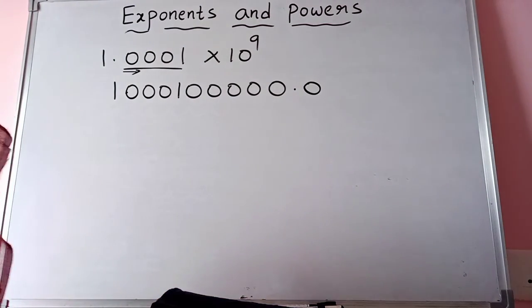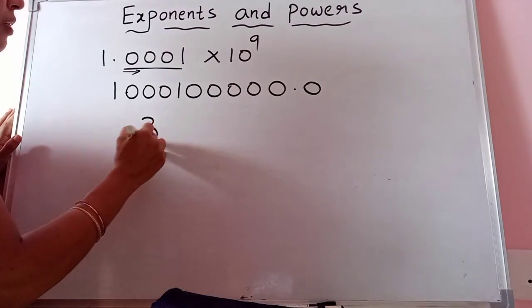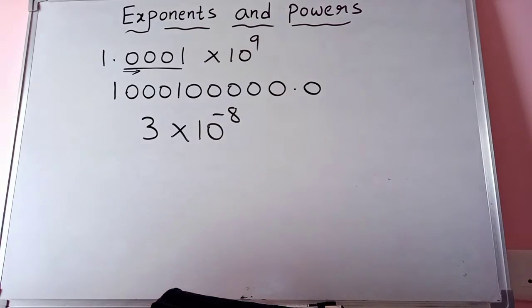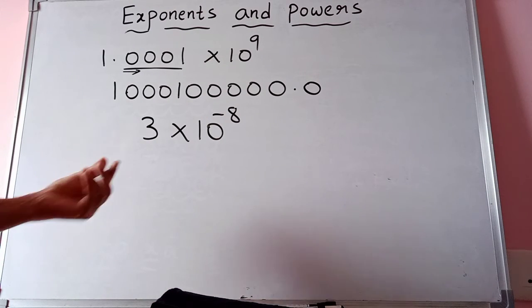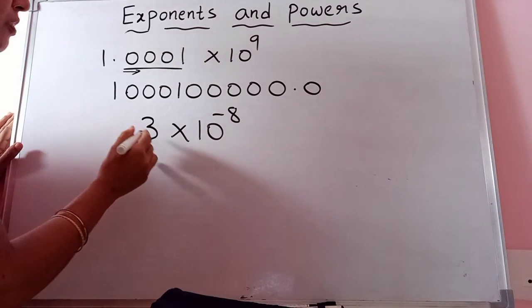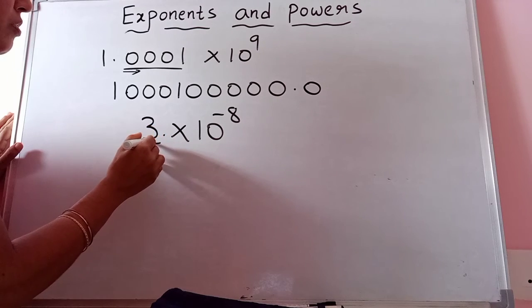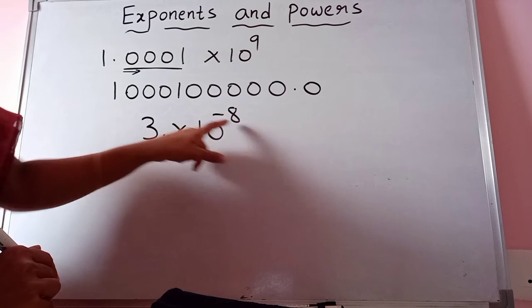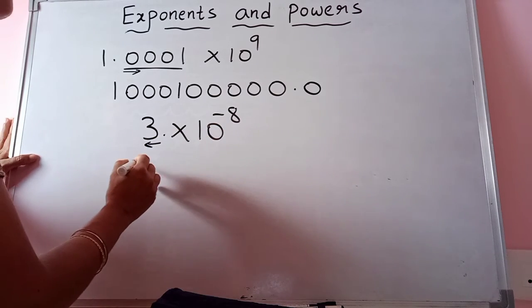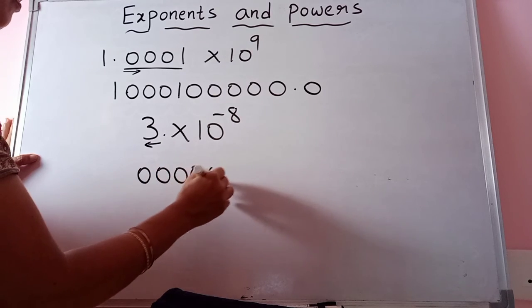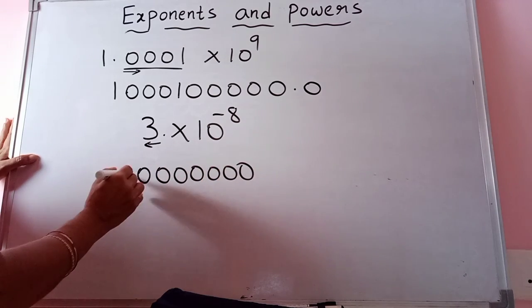Then finally we'll see 3 into 10 power of minus 8, negative exponent. Okay, here it is a negative exponent. Then the number is a small number, a very small number. Shifting the decimal point towards the left side, how many places do we need to shift? 8 places. We have already 1 place here. 7 more zeros. 1, 2, 3, 4, 5, 6, 7 zeros.